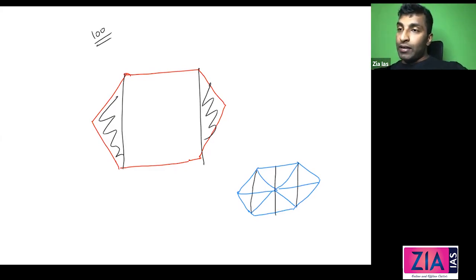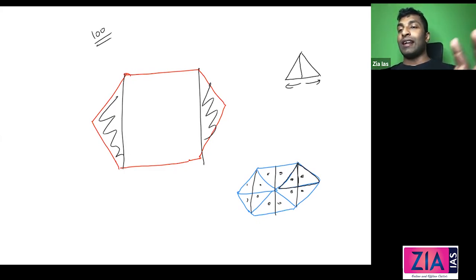With this, what happened, guys? Look into this equilateral triangle alone. When you have this line, it is divided into 2 right angle triangles. So these are all right angle triangles. So how many are there now? 12 right angle triangles are there. Equal, and the beauty is all are equal.